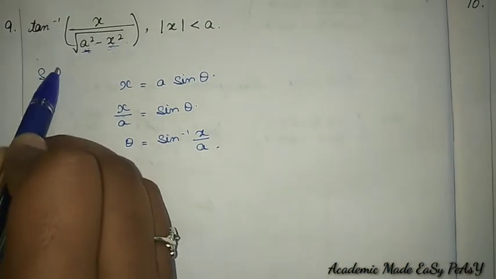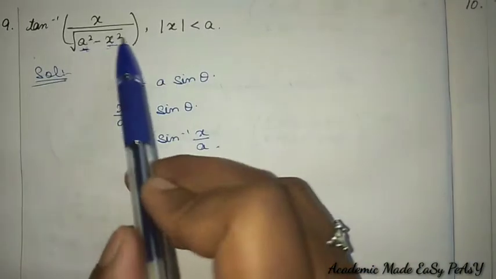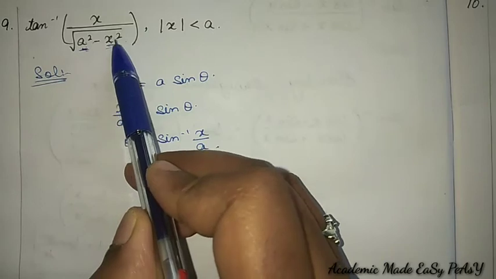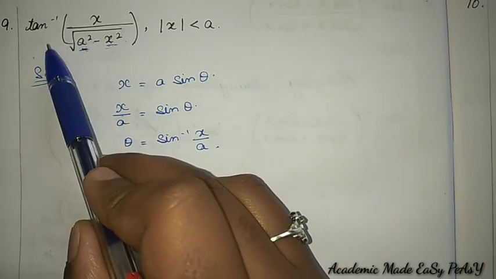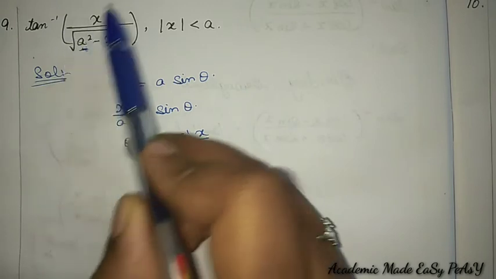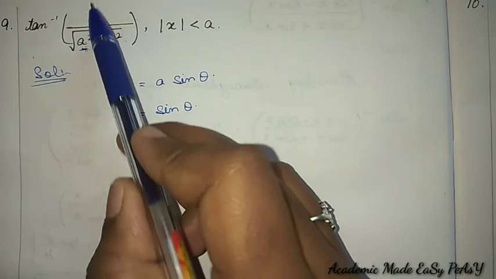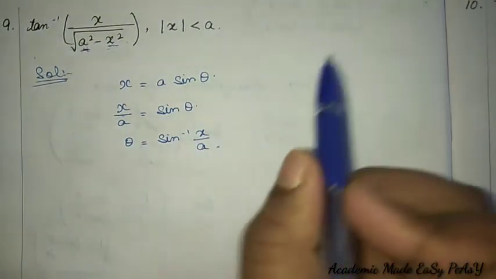So this I will substitute in the function. If I substitute like that, I will have a square sine square theta, so that my a will be taken out as common. If I take it out of the root, I will have only a. So if I substitute, a and a will get cancelled. You have to think like that and then answer.